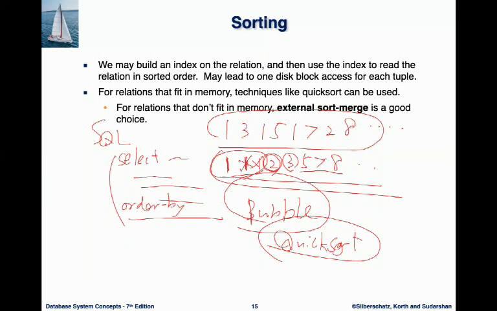I'm sure you learned many interesting and important sorting algorithms when you started taking introductory computer science courses. They are useful, but in the context of database systems, we are considering the case where the data is too large to fit into main memory. So you cannot use quick sort.